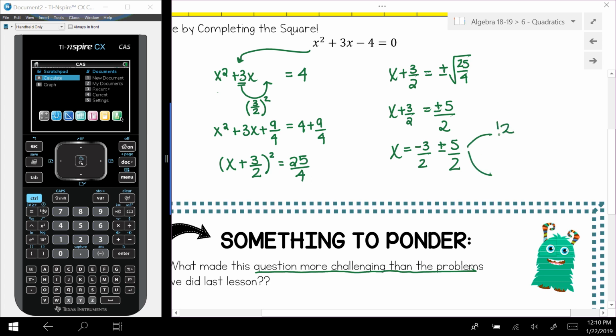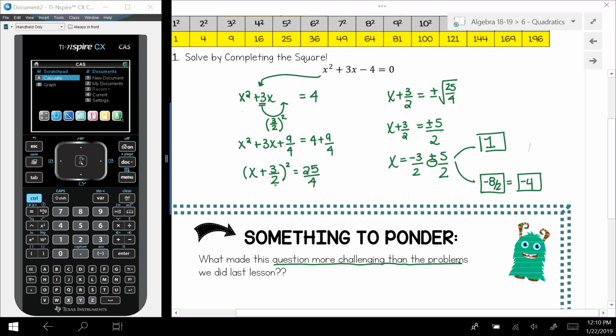One is going to be an answer, and -3/2 minus 5/2 is -8/2, which is -4. So those are our two answers, and that was not fun, in particular because of that fraction.